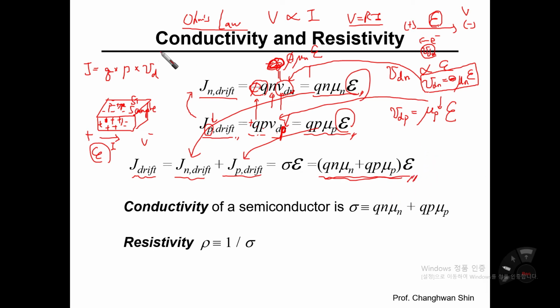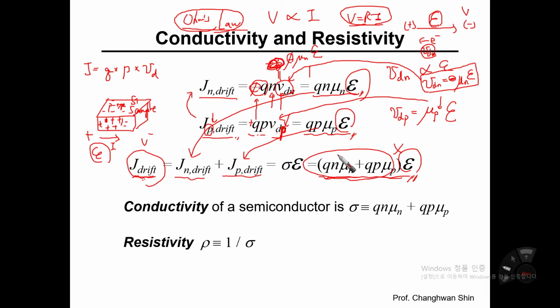Here I said this slide is talking about Ohm's law. So why Ohm's law? The equation form for Ohm's law is V is R times I. But this equation, J drift current density equals something times electric field, is also another shape of Ohm's law. So let's understand it first.